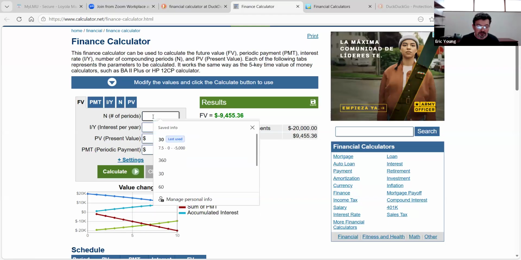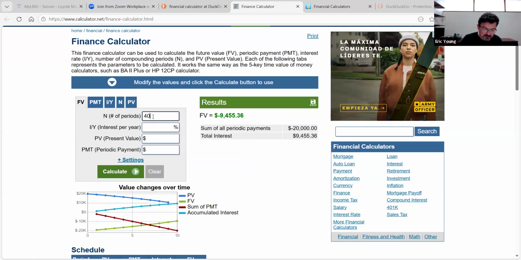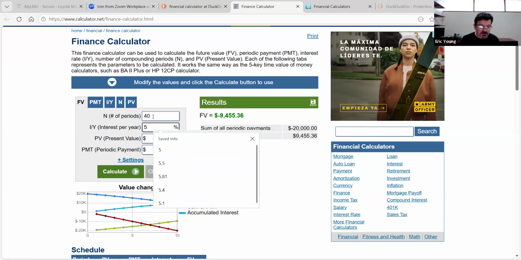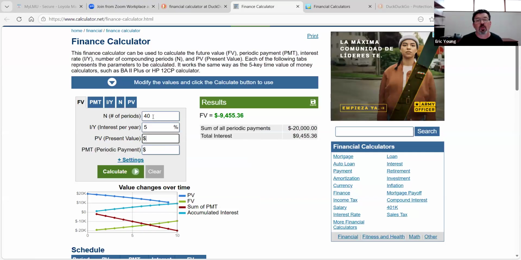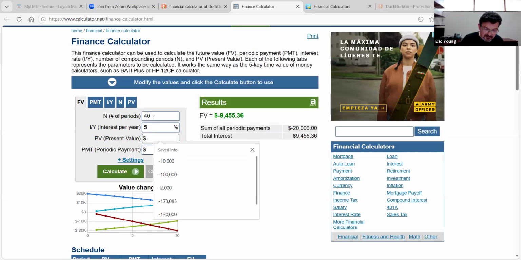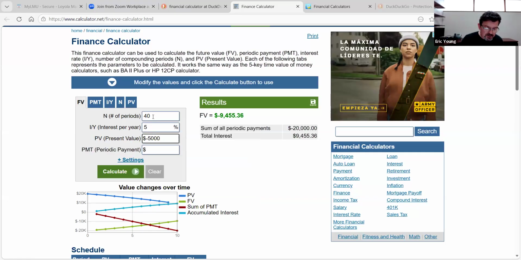So we just plug in. We know that N was 40. We know that the interest rate was 5% per year. We know the present value we're putting out, so it's negative 5,000, and we know that there's no PMT. So we've got it plugged in.